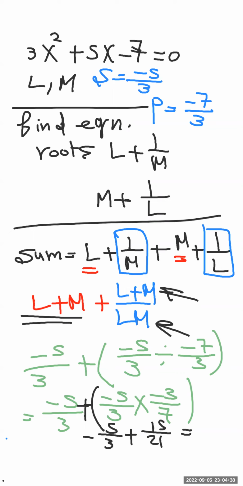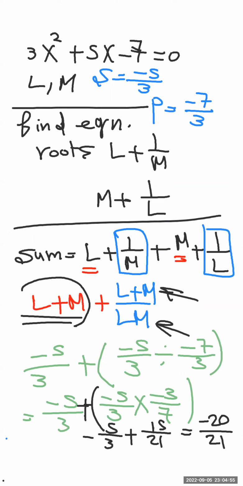If I unify the denominators, it will be 21. The first numerator, negative 5, will be multiplied by 7, negative 35, plus 15, so equal negative 20 over 21. So that was the sum.